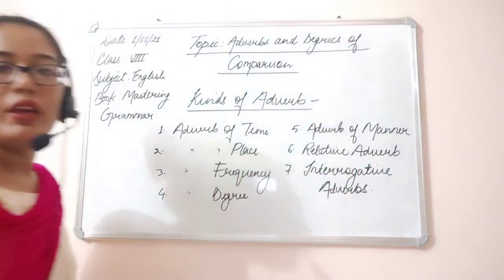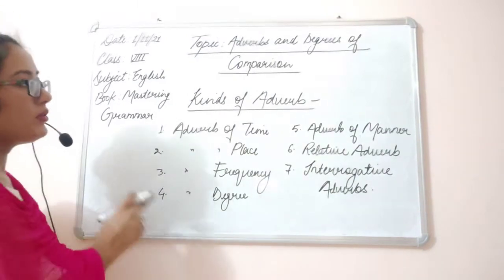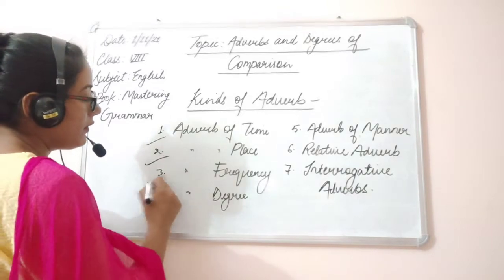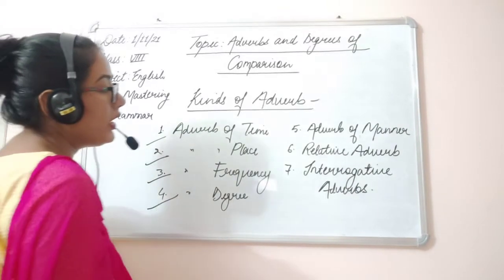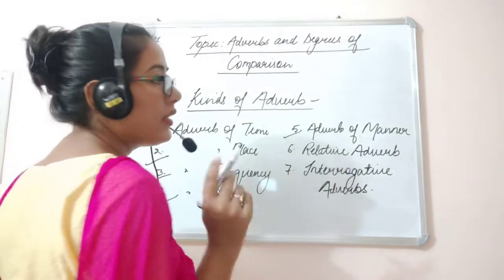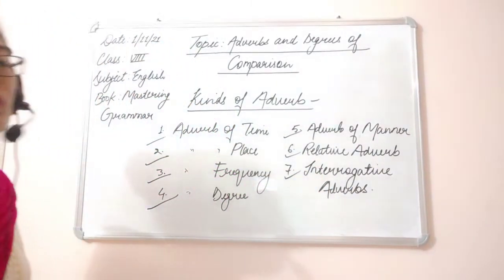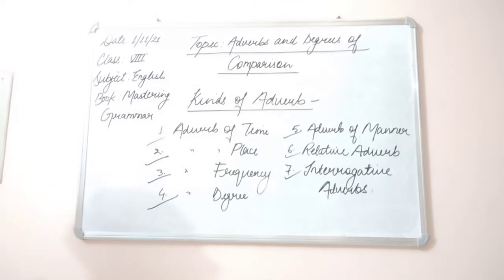So we are going to discuss seven types of adverbs in this chapter: adverb of time, adverb of place, adverb of frequency, adverb of degree, adverb of manner, then relative adverb and interrogative adverb. Okay, I hope it is clear to all of you.